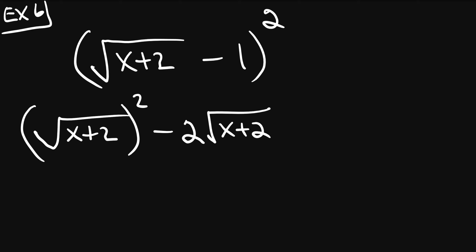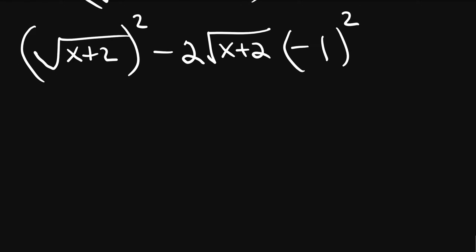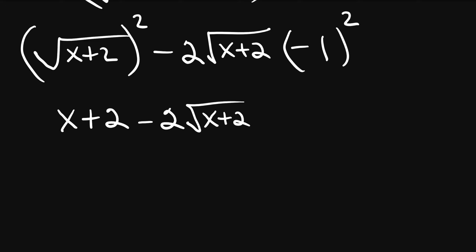Okay, and then I'm going to take the -1 and square it. All right, so let's go through one more time and simplify it. So I've got the square root of x plus 2 squared is going to be x plus 2, minus 2 root x plus 2, and then this will be plus 1.